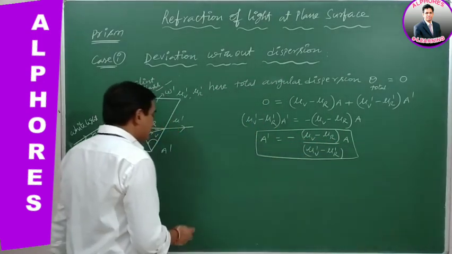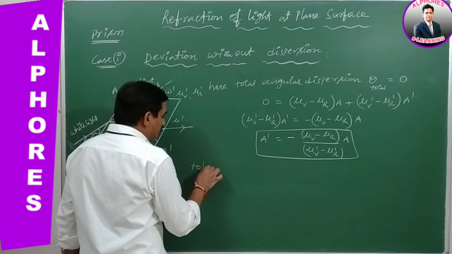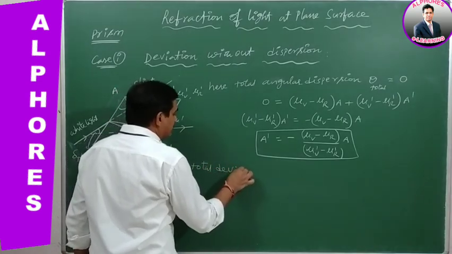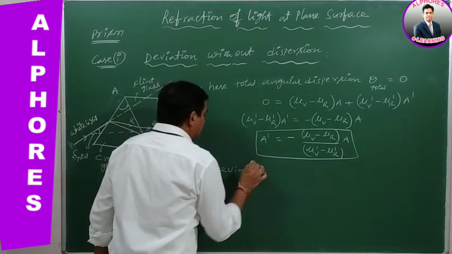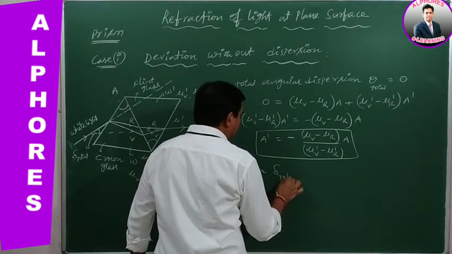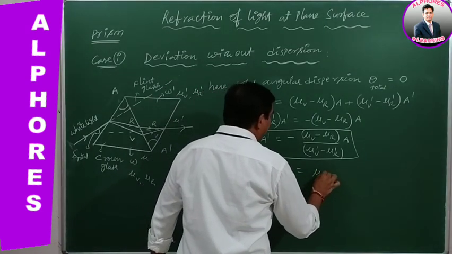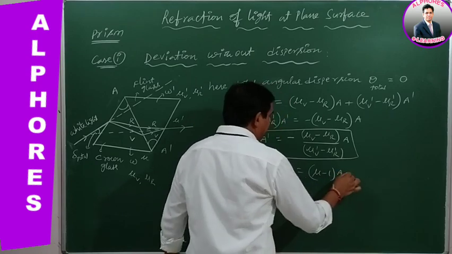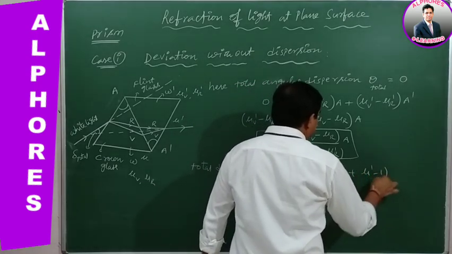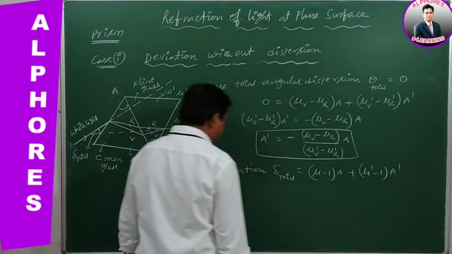And I am going to find the total deviation suffered. Total deviation delta total, already we have the formula: A plus mu dash minus 1 into A dash.